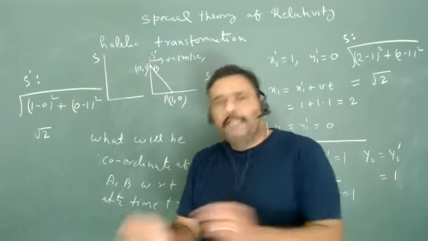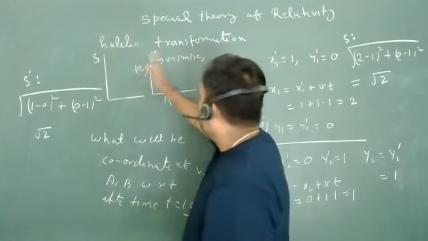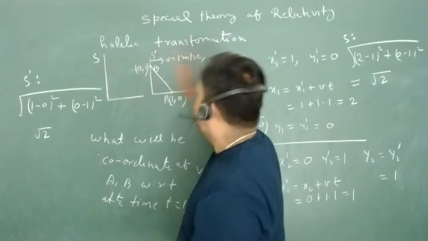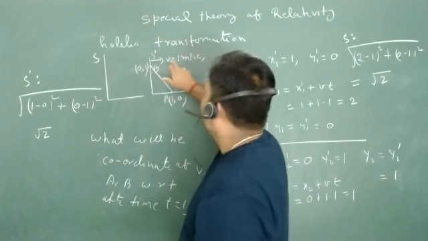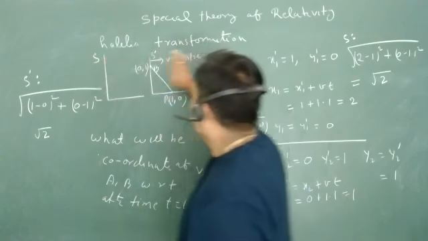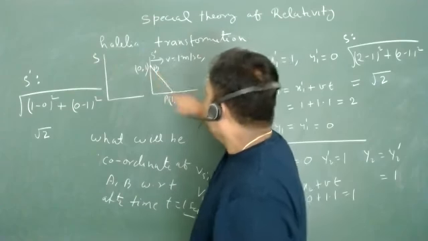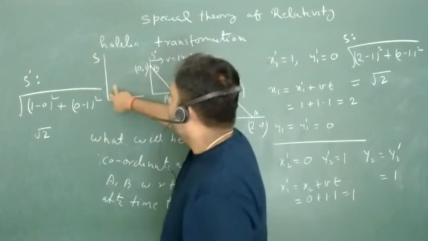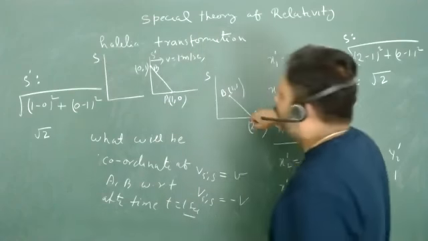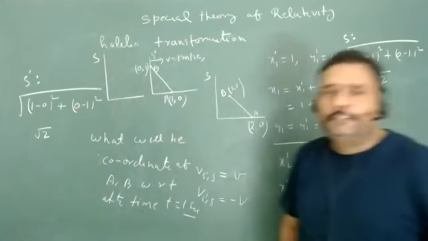So you can transform, and this transformation is all about inertial frames, because you are moving with constant velocity. The observer sitting on S dash will see a different point, and the observer sitting on S will see a different point, but both will measure the same distance between these two points.